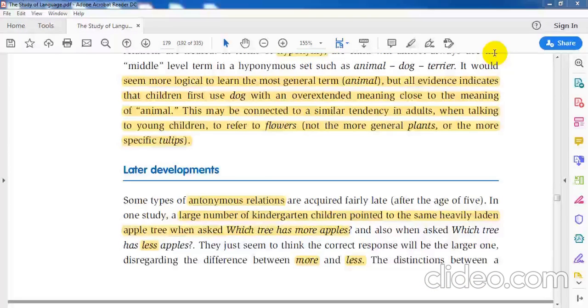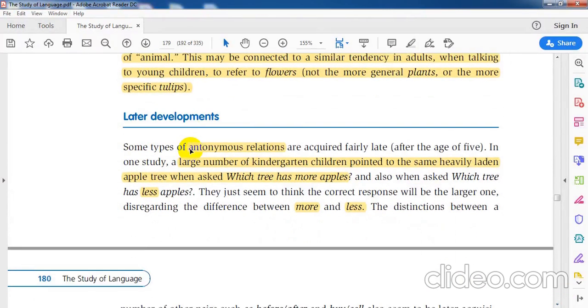The last subsection, which is later development, is going to be the last point for discussion in this video. First, I'd like you to know the meaning of antonymy relations. Just a gentle reminder for those who are not able to recall the meaning, because antonymy relations should be included in chapter 9, if I'm not mistaken, that you studied last year, but it is okay to refresh your memory.